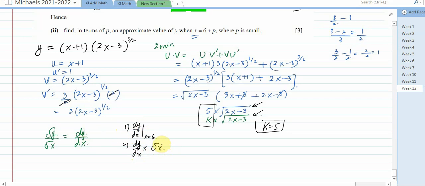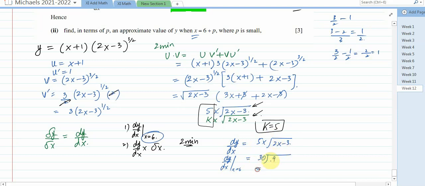So for this part again you have a time of 2 minutes to give it a try, so start. Alright, so first thing, dy by dx we got in the previous part: it's 5x under root 2x minus 3. The value of x we have is 6, so dy by dx at x equal to 6 is 5 sixes are 30, times root of 2 sixes are 12, 12 minus 3 is 9.